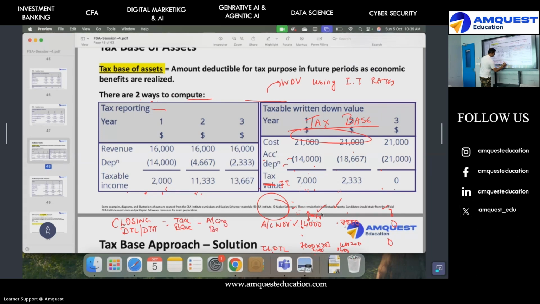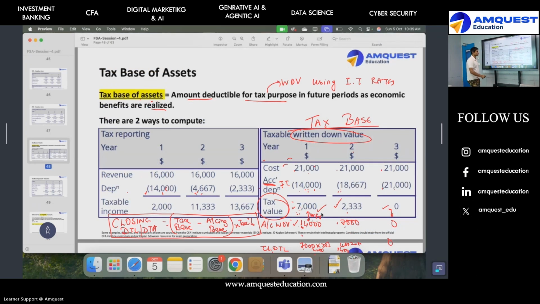The difference in the two bases is on account of cumulative timing differences, into tax percentage. This is my indirect shortcut of finding out closing DTA or DTL. This is cumulative till date. So this is often asked when they tell you the tax base is so much, but as per books your value is so much.